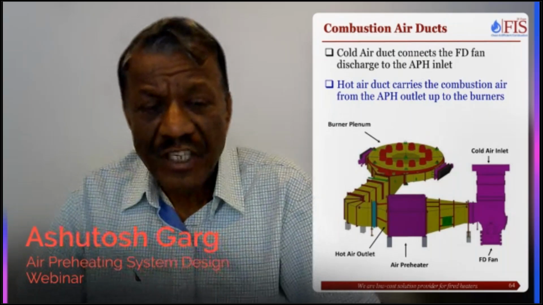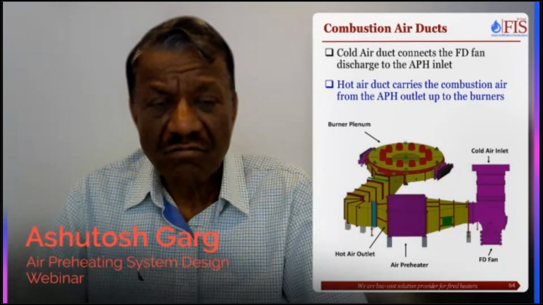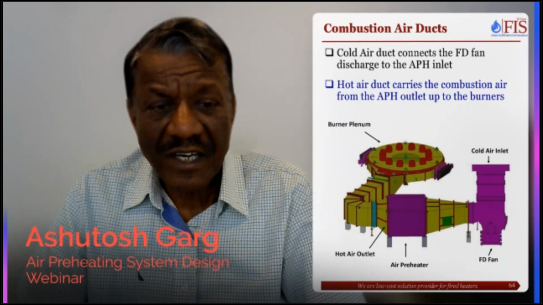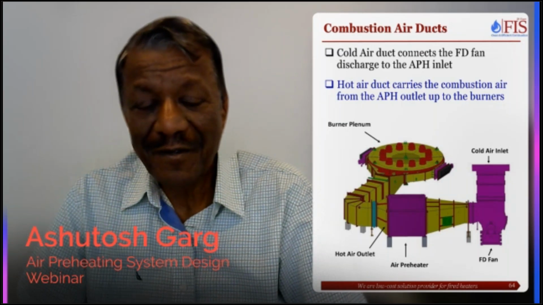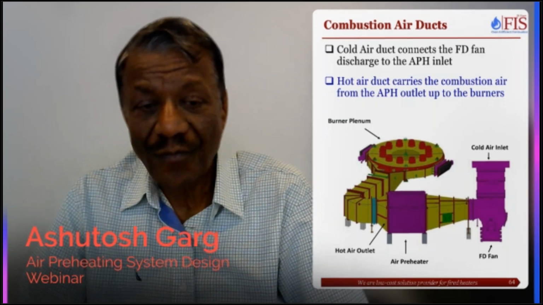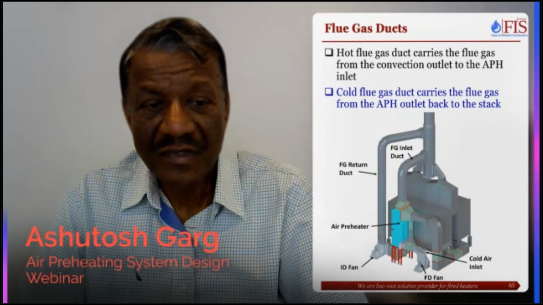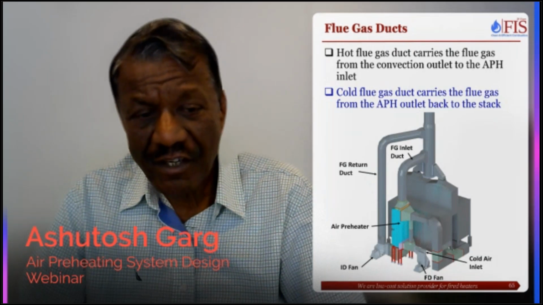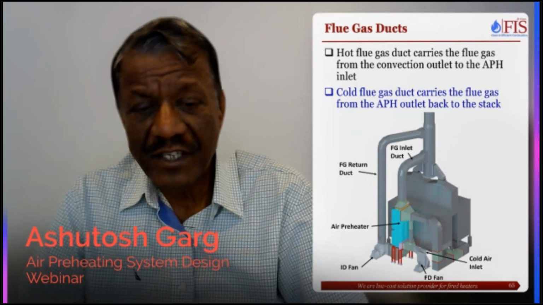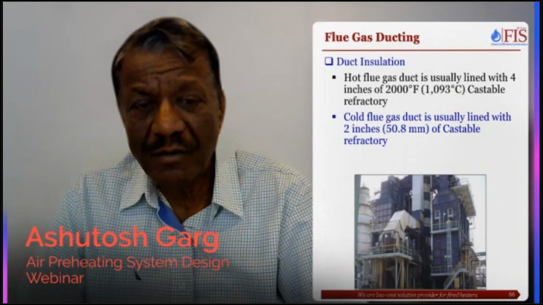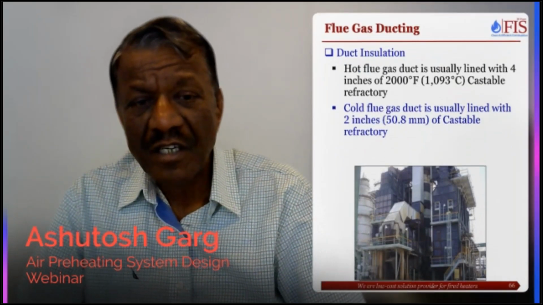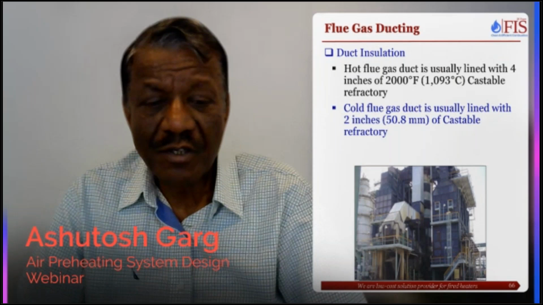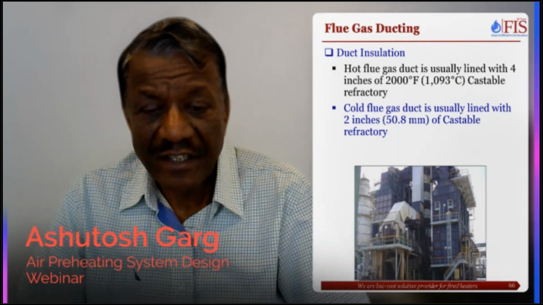So this is a 3D model, and this shows the inclined burners. If you are looking at, I can show you the inclined burners. Air preheaters. Flue gas duct, we already talked about flue gas duct and cold air duct. Flue gas duct, we normally provide about 4 inches of castable lining. Cold air duct is typically about 2 inches. That's standard.